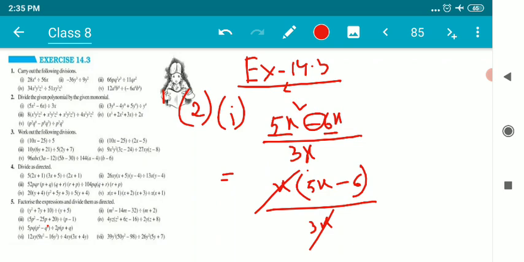During multiplication we can cancel, but while it's under plus or minus operations we cannot cancel. So my final answer is 5x minus 6 by 3.